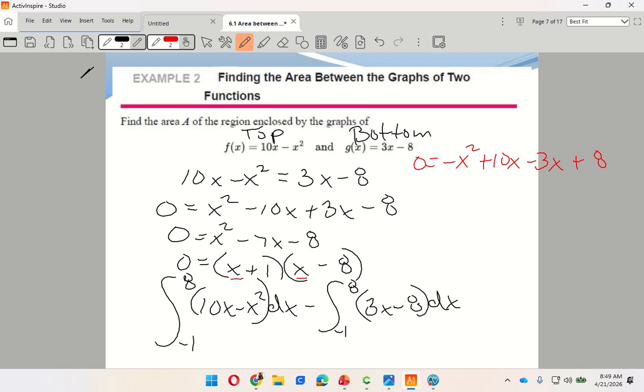All right, so for those people not playing on their phone, who are actually paying attention or using a calculator, let's see. So integration from -1 to 8 of 10x minus x squared dx. So let's do that.